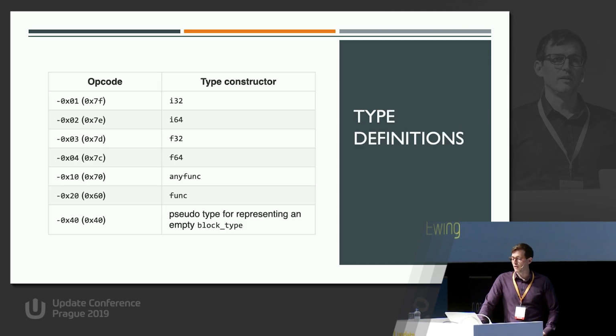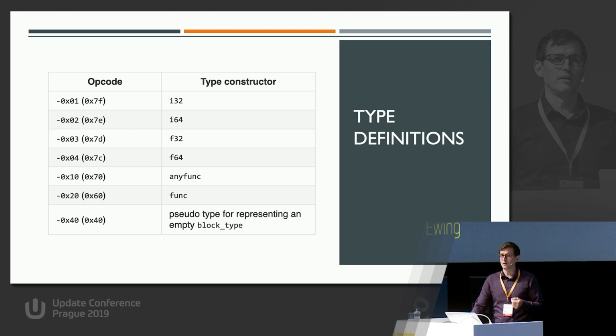There's opcodes. The opcodes that they define in the WebAssembly format by default are negative, because the idea is the ones that in the future, if opcodes move forward, or if there's a way to redefine opcodes, they'll start on the positive side. So basically, these are the types that are defined in the minimum viable product, the MVP.